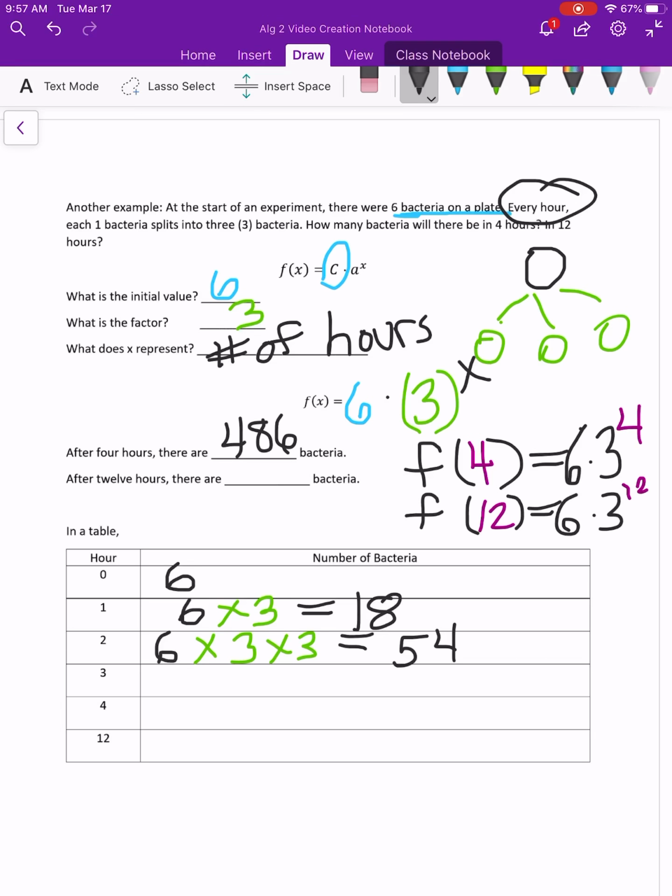It is 3,188,646 bacteria. So you can see that when the bacteria's population is tripling every hour, it really gets out of control very quickly.